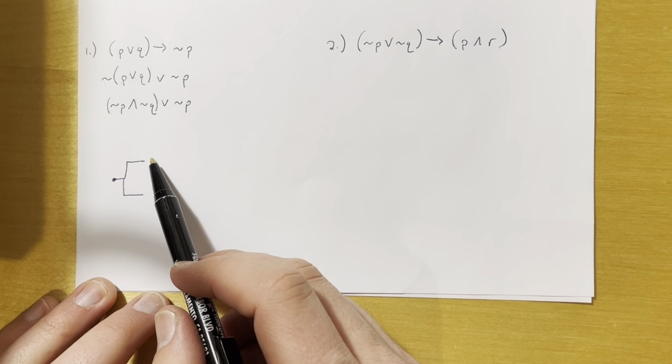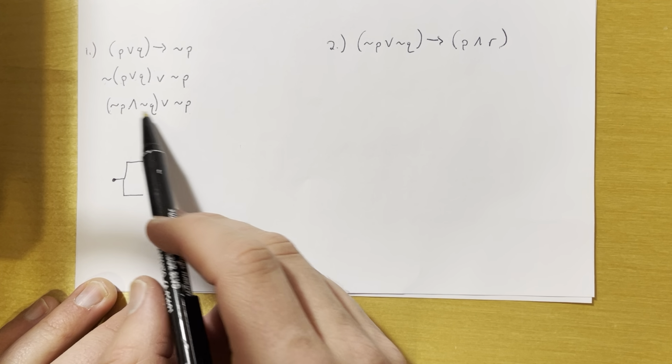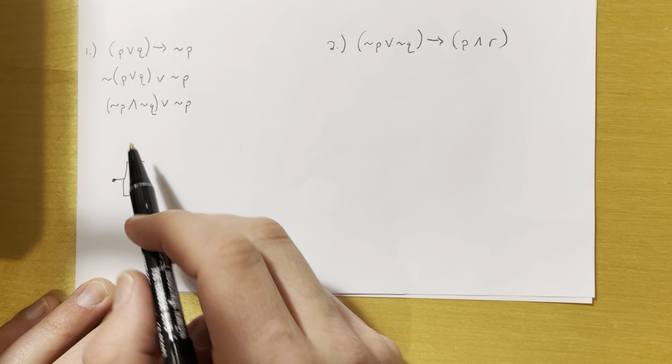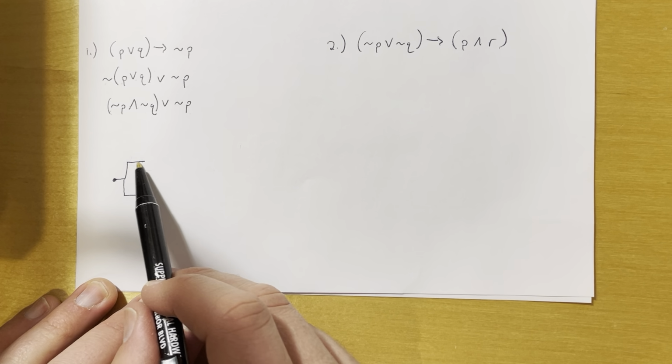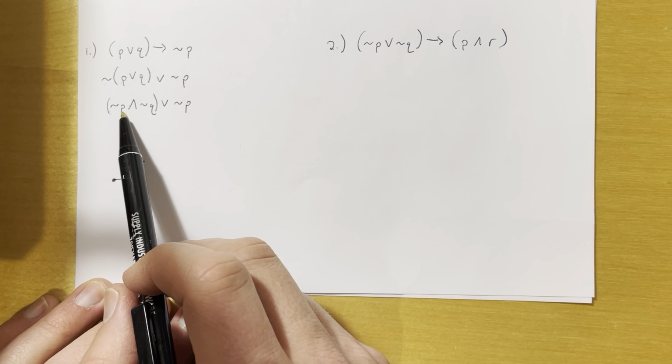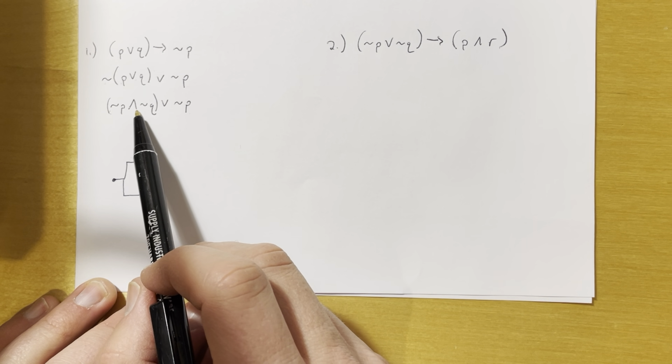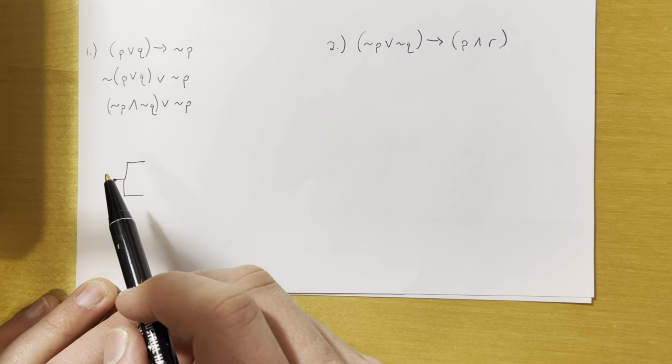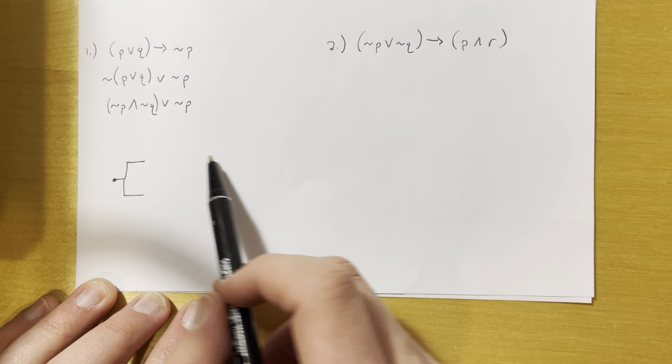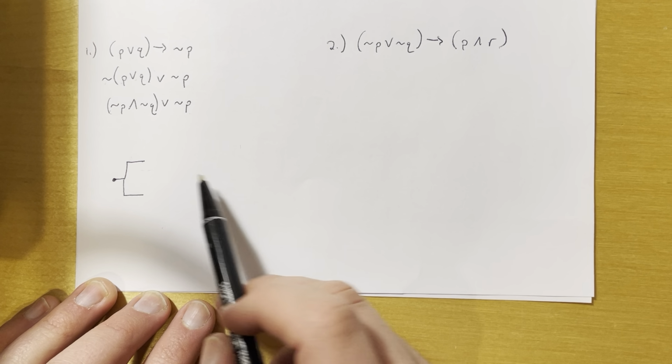Now, it doesn't really matter which one goes on top and which one goes on the bottom, but I'm going to put the first statement on top. The first statement belongs on the top part of this parallel circuit, but that statement by itself is a conjunction. Conjunctions look like series circuits, one switch or one gate after another.